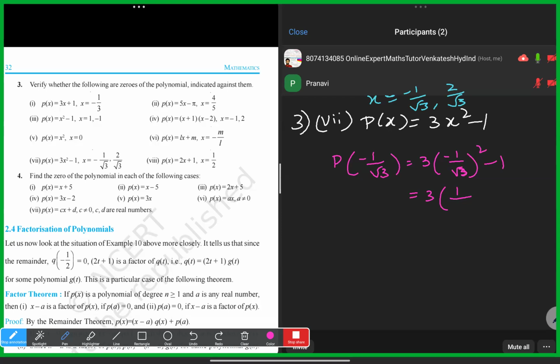Minus 1 by root 3 into minus 1 by root 3, which is plus 1 by root 3 into root 3, root 3 square, which is 1 by 3. The 3 gets cut. Minus 1 plus 1 is 0.